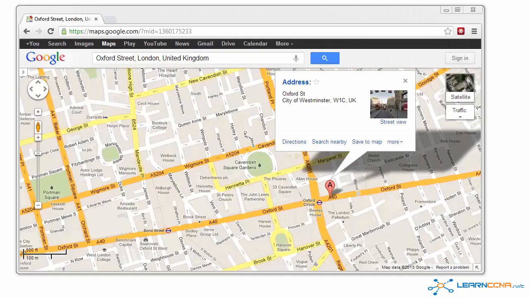Now, continuing with our analogy, when working out how to get to a remote destination in the physical world, let's say you want to go to Oxford Street in London in the UK, and you've never been there before. You may use a mapping technology such as Google Maps to find out how to get to that specific street. Now, when you're doing this, you don't look at individual house numbers, but rather look at street names to determine your way to get to that destination.